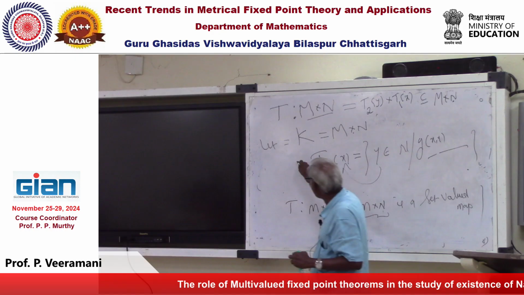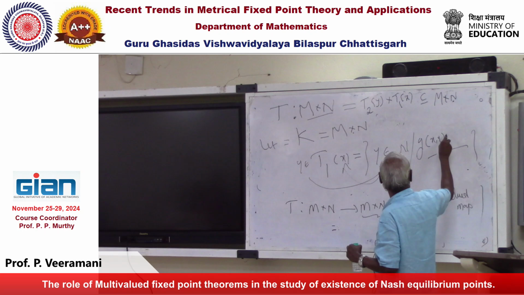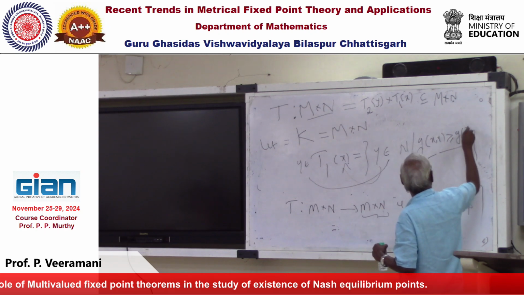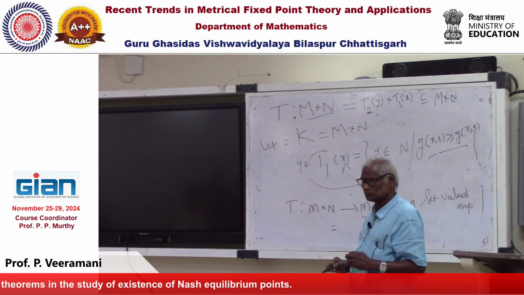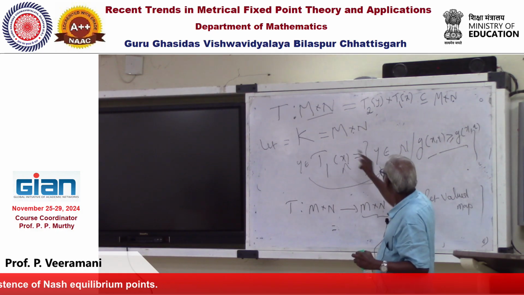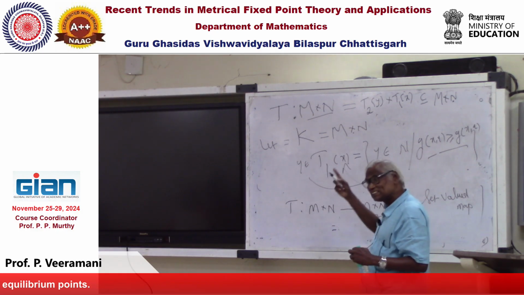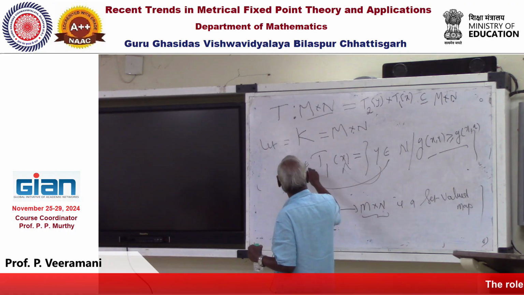So if y belongs to T1x, then that will give the maximum of g of x comma y. But at the same time, if you select anything from this, it will give the same. Here x and y are fixed.